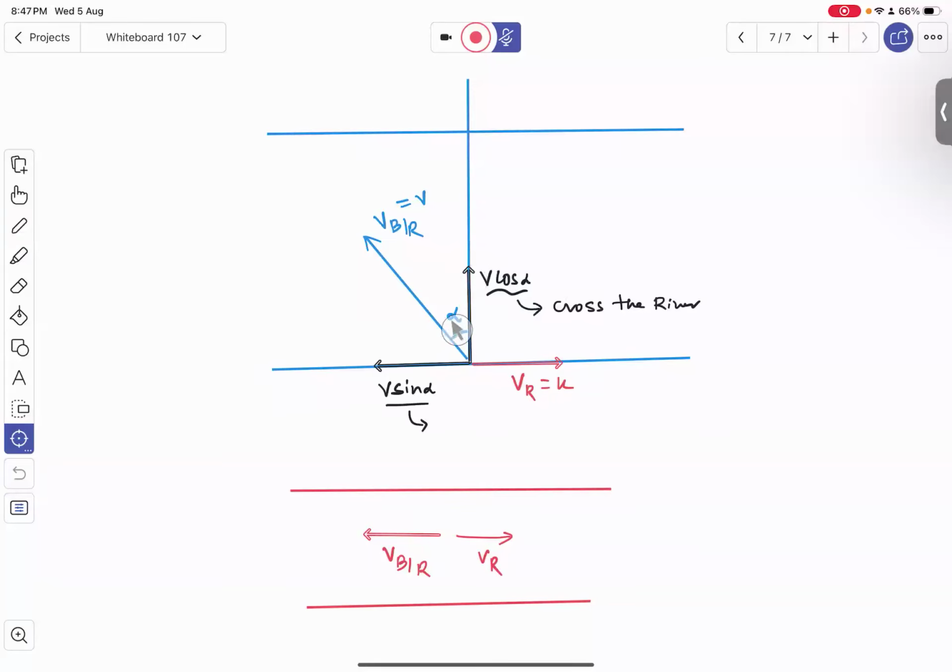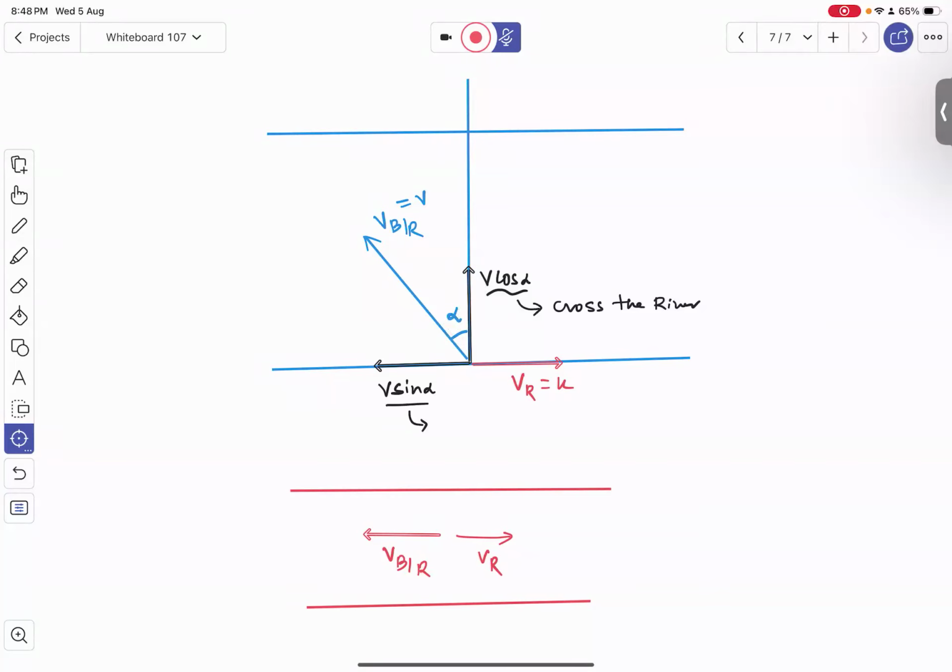In that case, what should alpha be? 0 only. I hope all of you have understood the reasoning why alpha should be 0. I want to keep all my effort in crossing the river, in the y direction only. For that, VBR must make what angle with the y direction? 0, no?